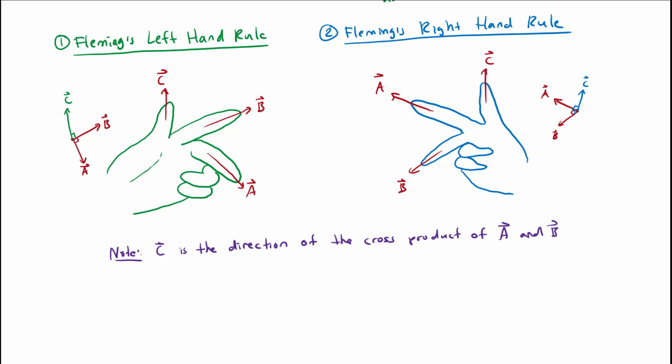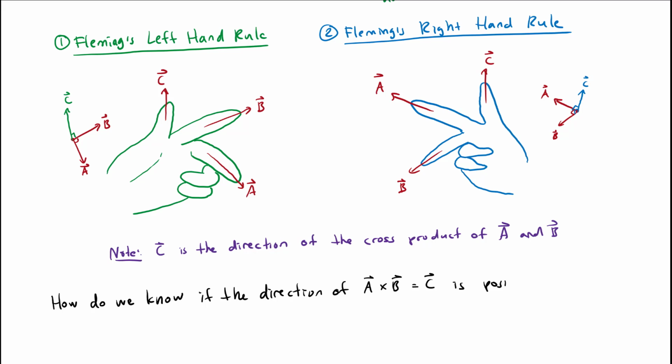The next question I want to ask then is, if I know that C is going to be normal to the plane that A and B are on, how do I know if it's pointing up or down? Because technically, if I want something perpendicular, it can go one of two ways. So how do we know if the direction of A times B equals C, where A crossed with B equals C, is positive or negative?